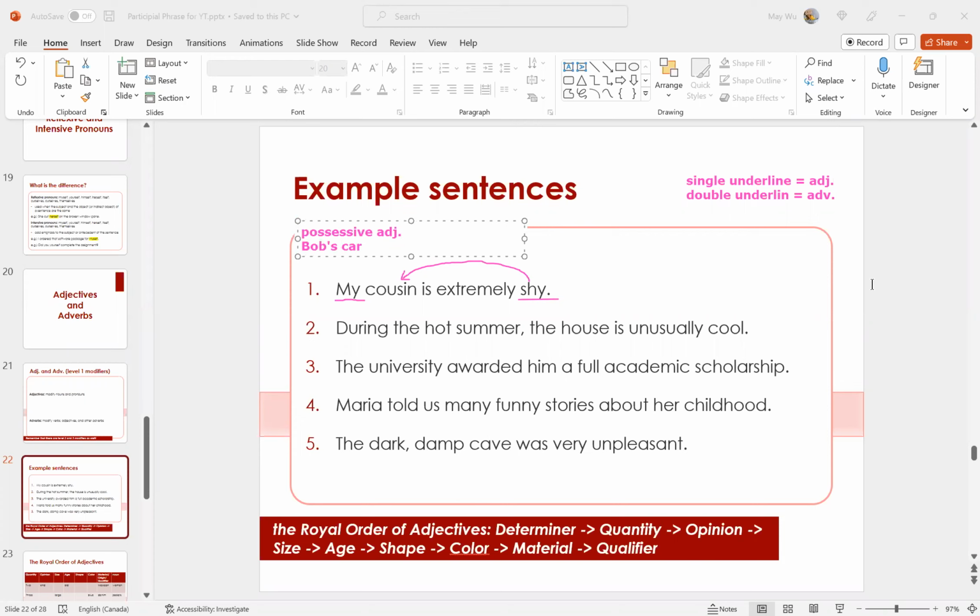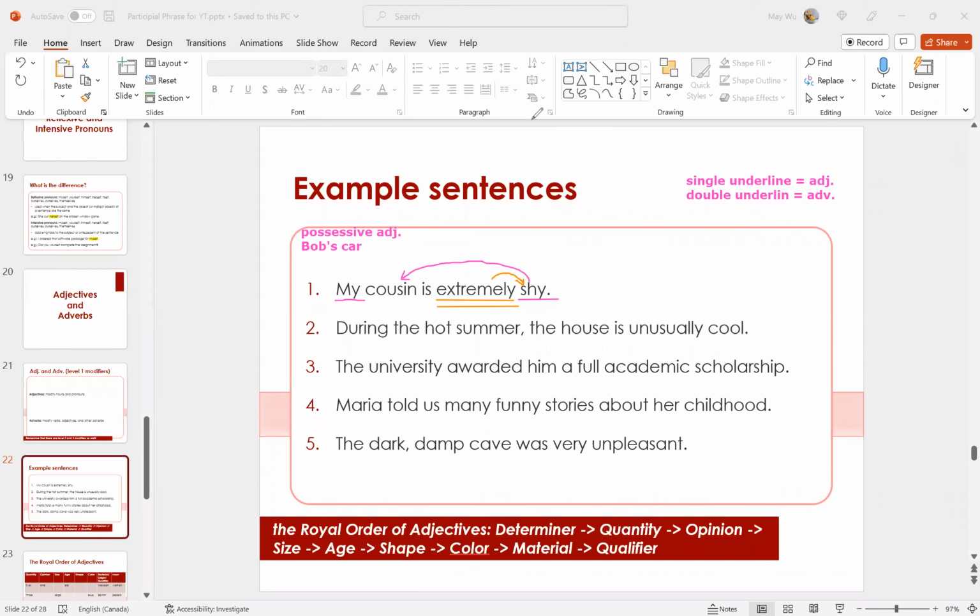Bob's would be a possessive adjective. And the adverb would be extremely. So you can see extremely has an ly ending. Most ly ending words are adverbs. Not all, but a lot of them. So extremely here is modifying the adjective shy, and that makes it an adverb.